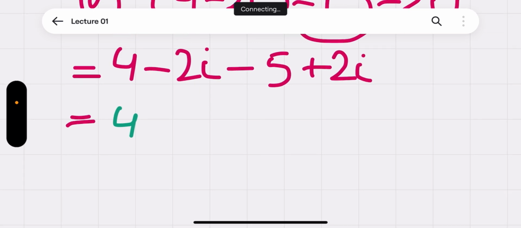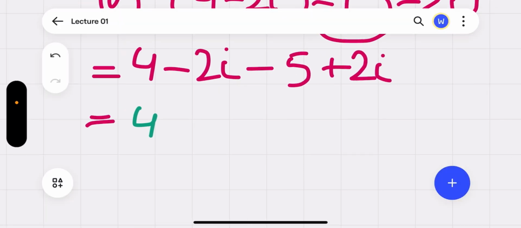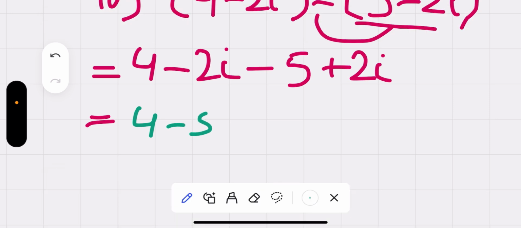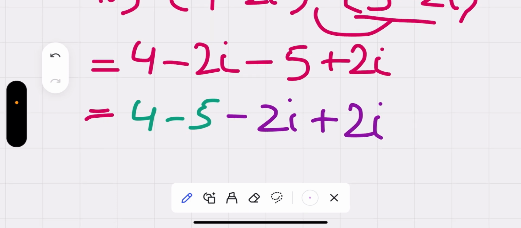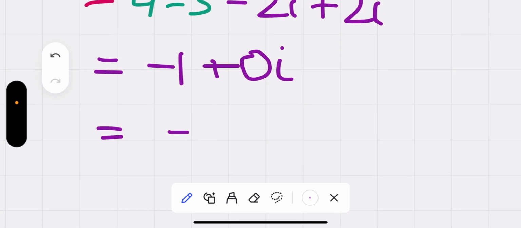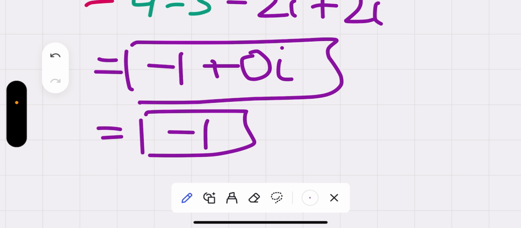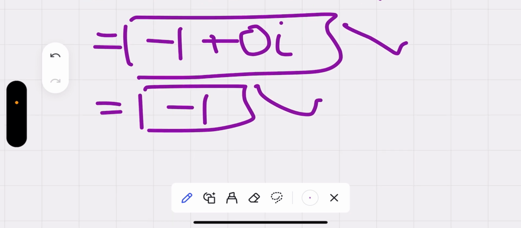Real part we shall write with real part, 4 and minus 5, and imaginary parts, negative 2 iota and positive 2 iota. We have negative 1 plus 0 iota, or we can write simply negative 1. Both are correct answers. Either you write this one or this one.